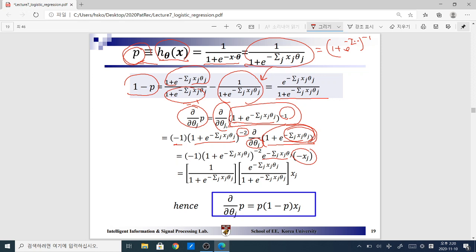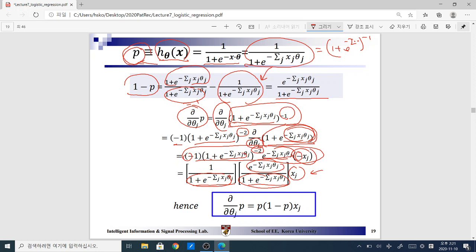Okay, so to make everything clear, as you can see, the whole thing can be collapsed, or rewritten, into this times x sub j. We have a double negative, so it's going to become positive. We have the power of minus 2, so these two terms, you just multiply here twice, and this is right here. So the whole thing is rewritten by this.